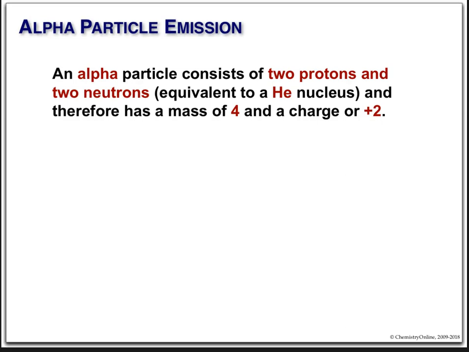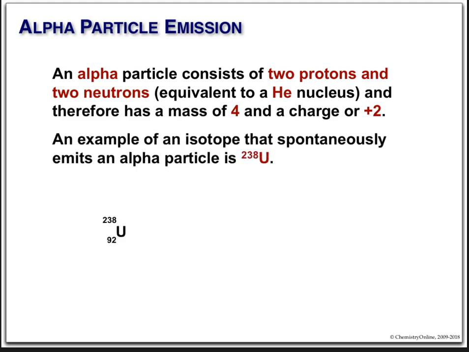Let's look at alpha particles a little more closely. An alpha particle consists of 2 protons, 2 neutrons, a helium nucleus, mass of 4, a charge of +2. An example of something that emits an alpha particle is uranium-238. This is plain old standard uranium you can dig out of a rock.